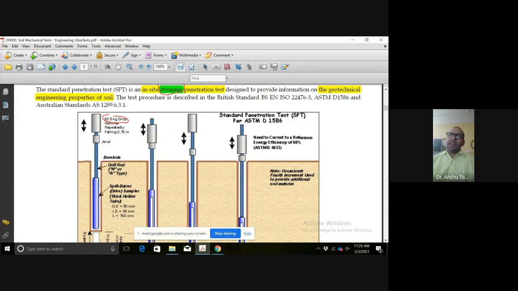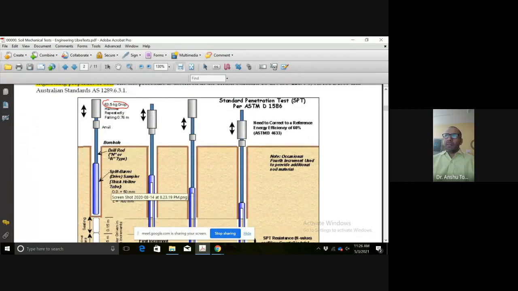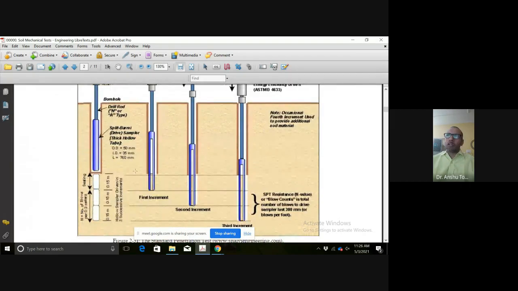It has an arrangement, a rod, and we have a sampler here, which we have already seen, called the split spoon sampler. Sometimes it is also fitted with a sleeve. So first 45 centimeter we do. The last 30 centimeter are very much critical.